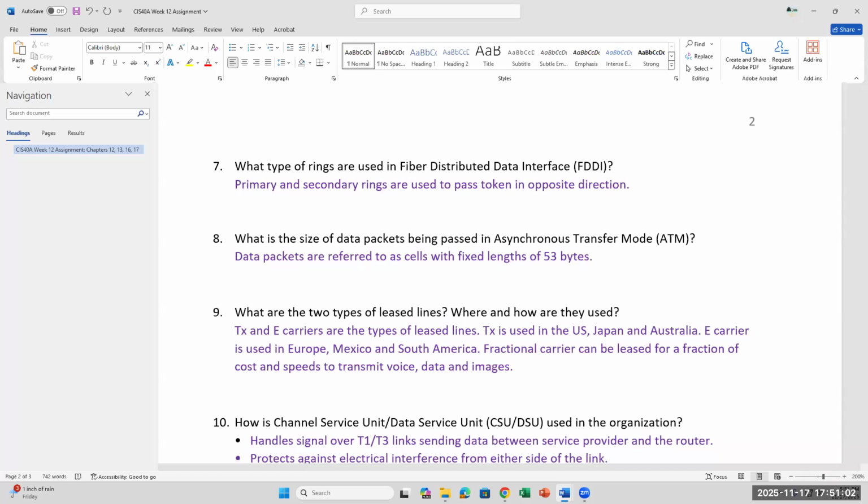Typically, they are 53 bytes. When you did the Wireshark lab, you were looking at your payload size, right? Most of your payload size is in megabytes. And the size of your data is going to be limited to the network medium and the network technology, the services that you use.